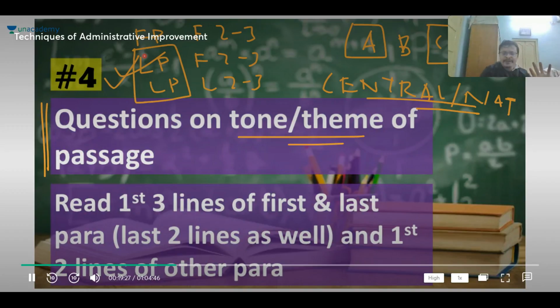Initially, you introduce the topic, then you move into various aspects you want to discuss, and finally, you move into what your opinion on the topic is. Which is why the last para is always more important than the first para. So in case there are conflicting options, go with option C, because C is what is being dictated in the last para.